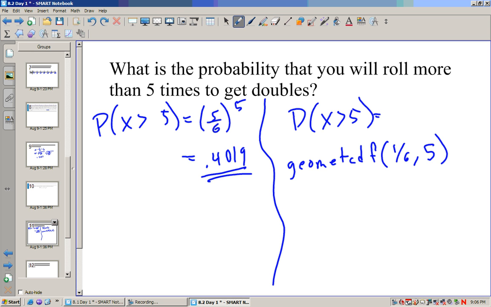That answer is going to be 0.598. So I'd want to take 1 minus 0.598, which is 0.402, which is what this would round to. So two different ways to get the same answer. This is a nice shortcut, but we could also get it using geometric CDF.